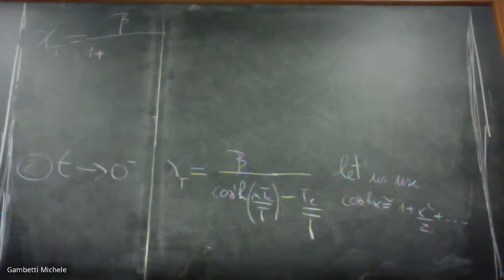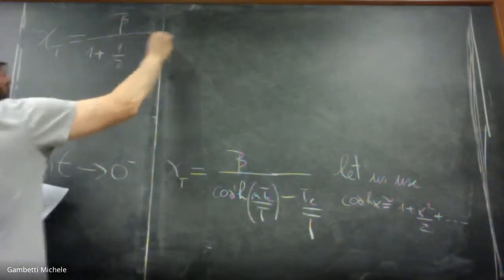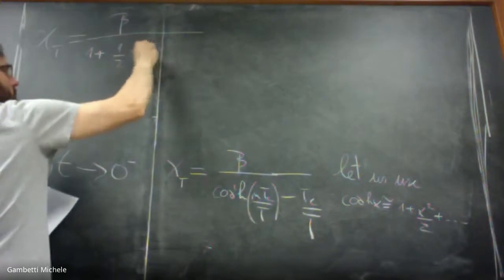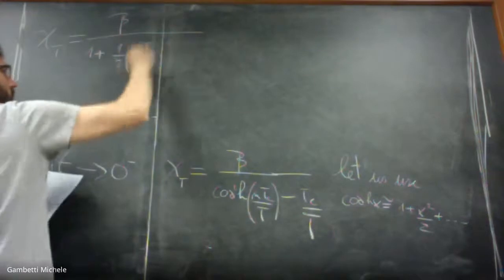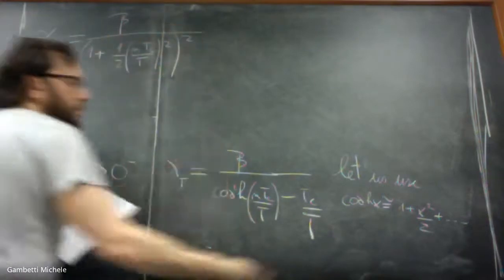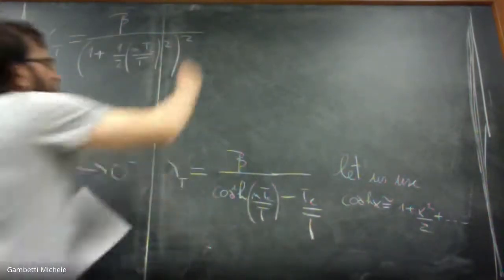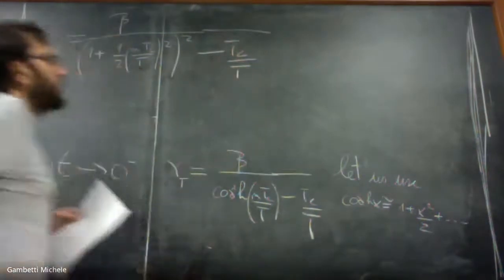Then I have m Tc divided by T, squared, and 1/2. So I have a 1/2 and Tc divided by T squared, and then there is a square because this was a cosh squared, minus Tc divided by T.